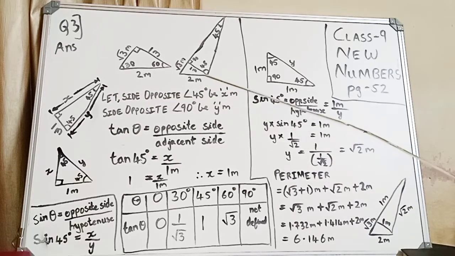This y is represented from here to here. We have assumed that one is x and one is y. Opposite to 45 degree is x, and opposite to the angle 90 degree, let it be y.